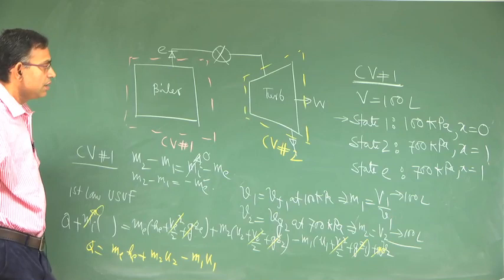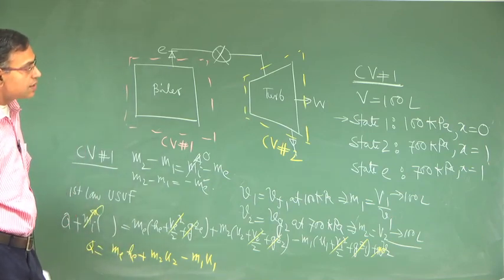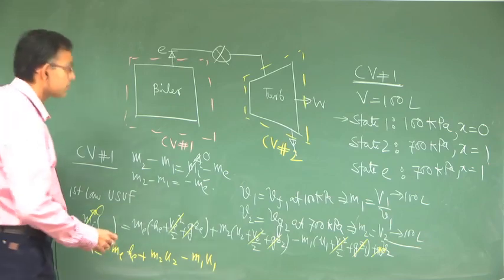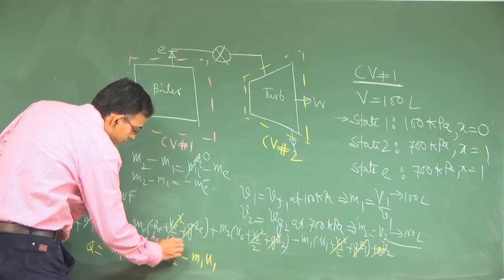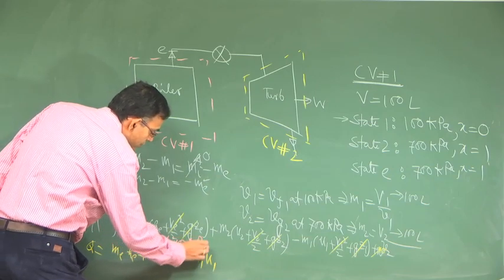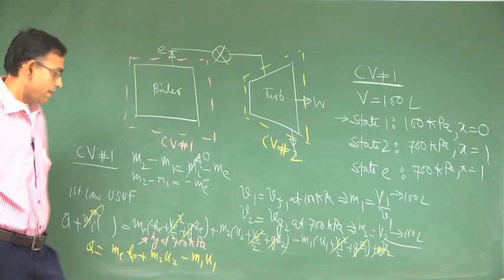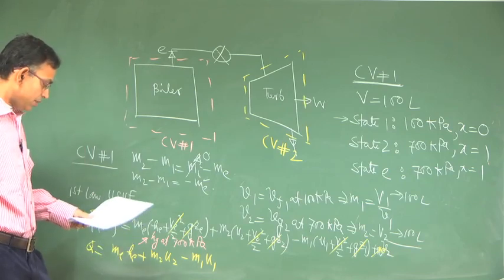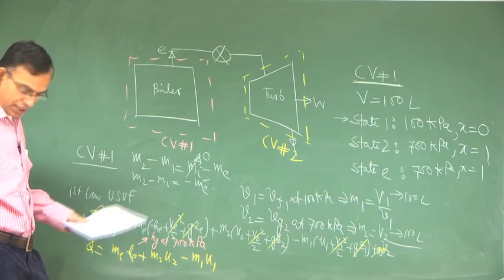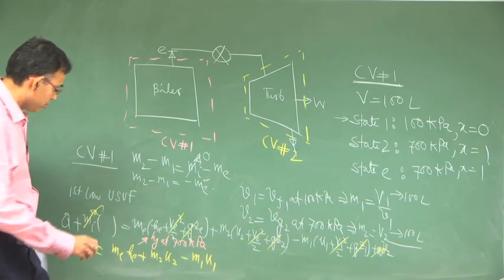He is hg at 700 kilopascal. Okay. If you substitute all those values, Q will be 224.9 megajoule.